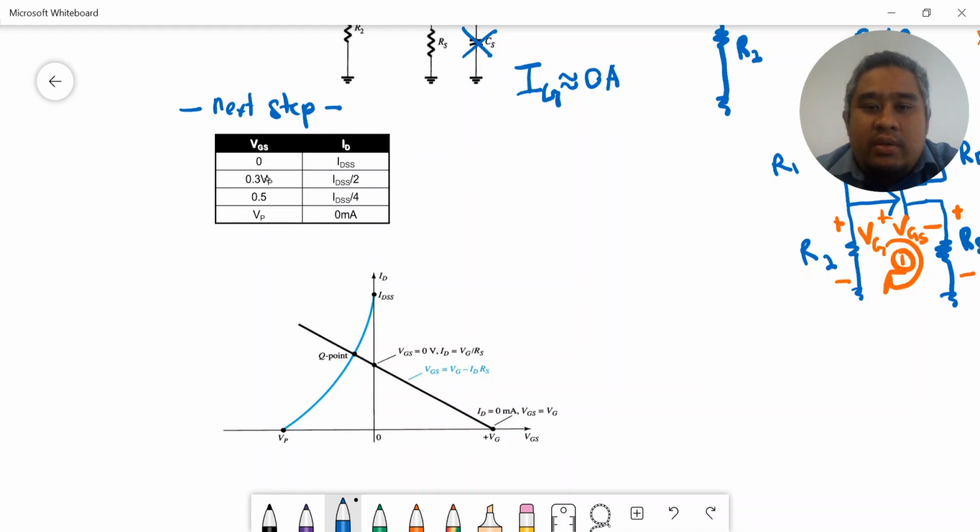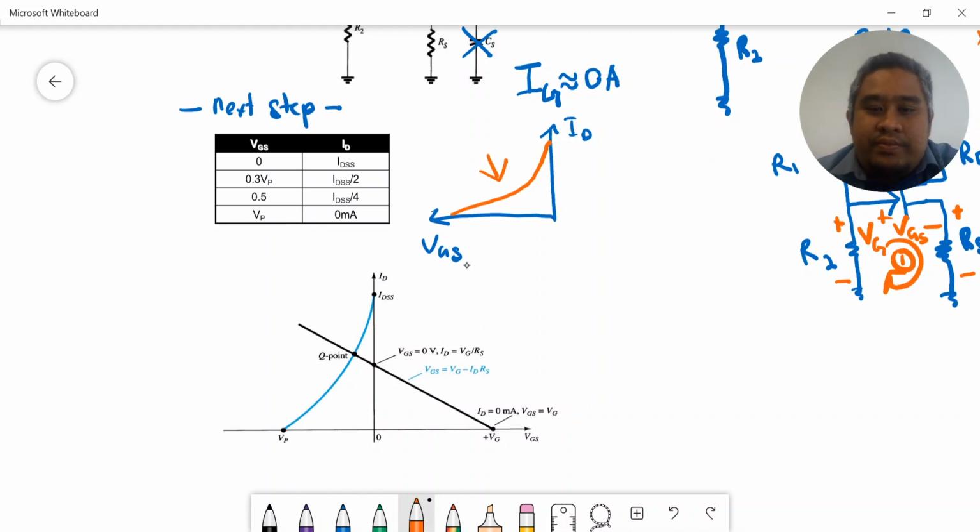So we find, for example, these all for 4 points. So let's say here, this is ID, and then this is VGS. So we can get this curve.